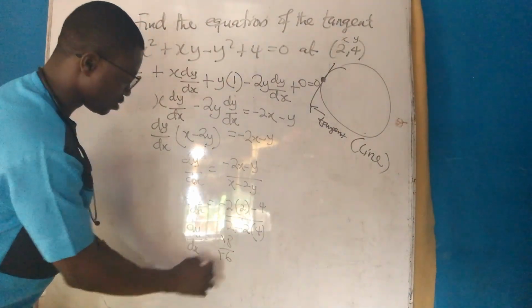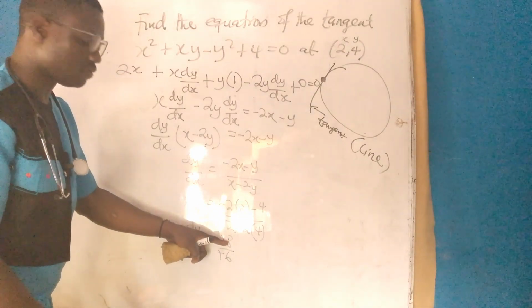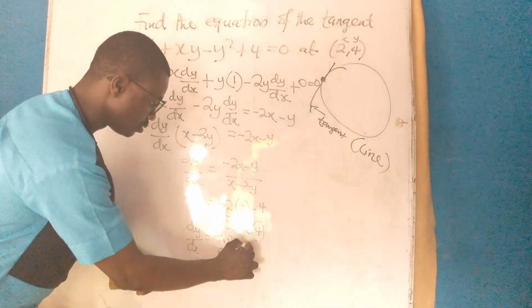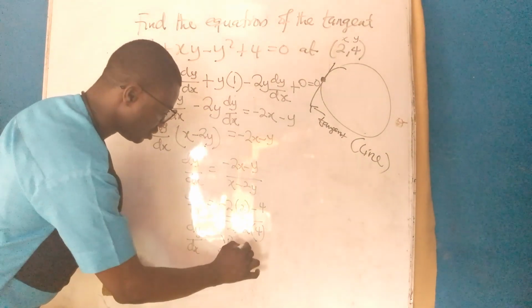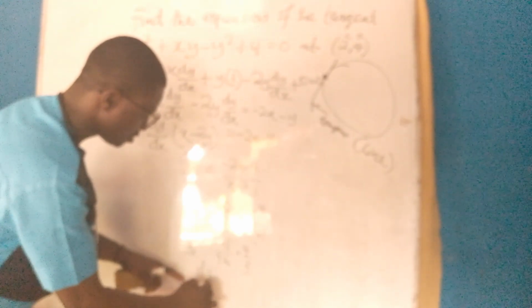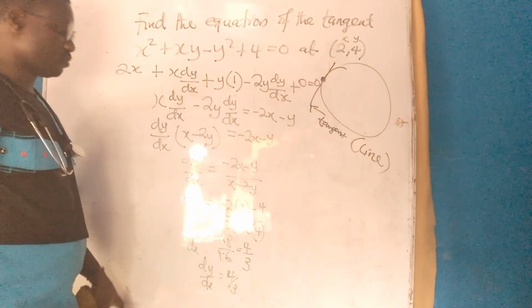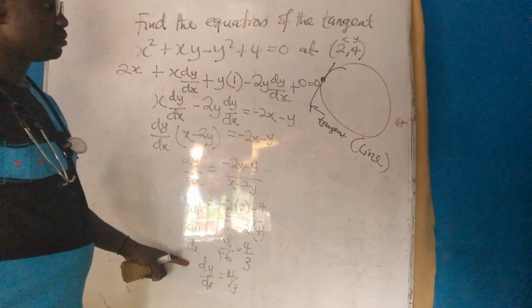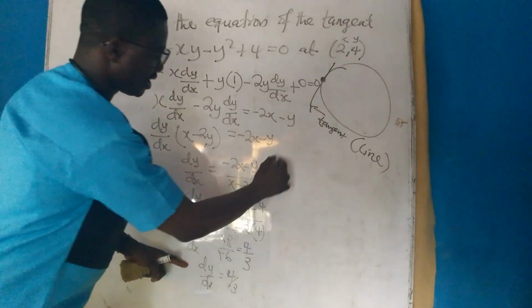So the minus signs cancel. 2 can go into 8, which is 4, and 2 can go into 6, which is 3. So our gradient is 4 over 3. From here, we now want our tangent, and a tangent is a line.